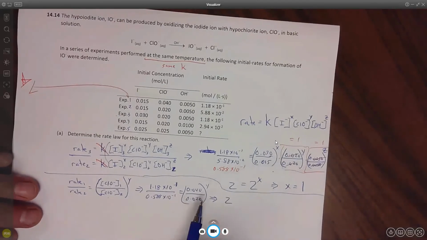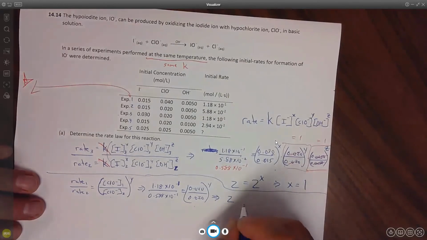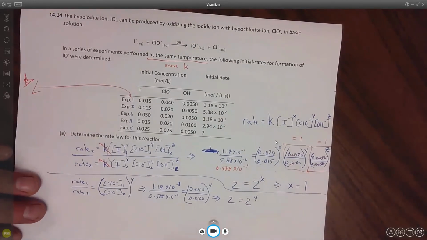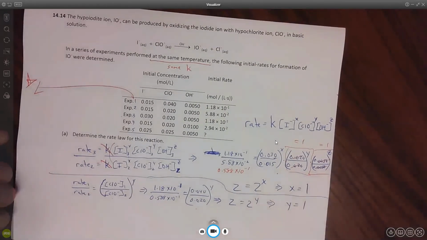Okay. And what is 0.04 divided by 0.02? Isn't it just 2? It's just 2 again, right? So 2 to the y. And so, Kayla, what is y? Y is 1. It's just 1 again, right? 2 to the 1 is 2. So y is equal to 1.